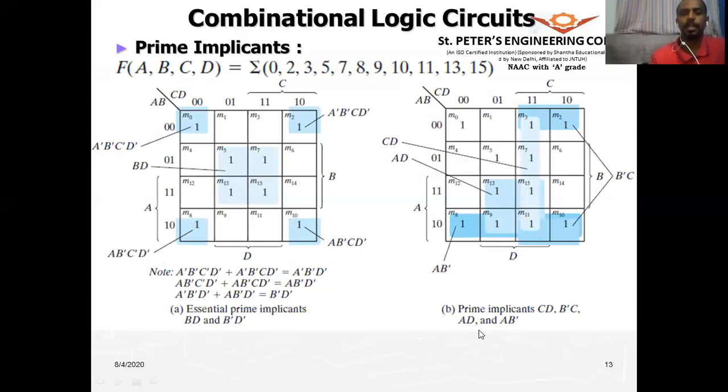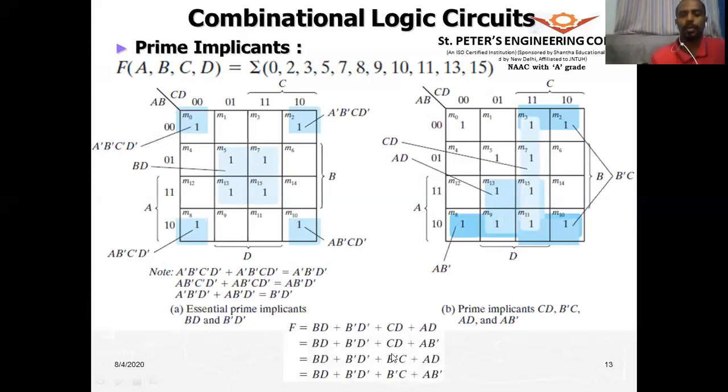Two of these are the essential prime implicants, and the others can be taken in different ways. So we get 4 different equations for F by using the essential prime implicants and the other prime implicants.